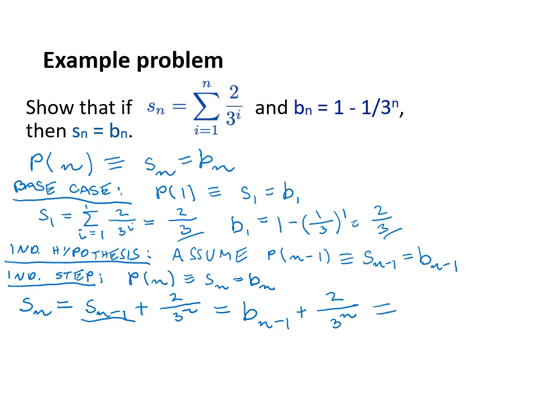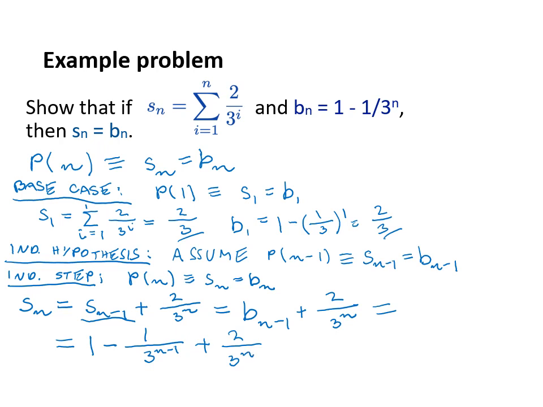And now we plug in the definition of B of n minus 1, and we get that this is equal to 1 minus 1 over 3 to the power of n minus 1 plus this leftover guy, 2 over 3 to the power of n.